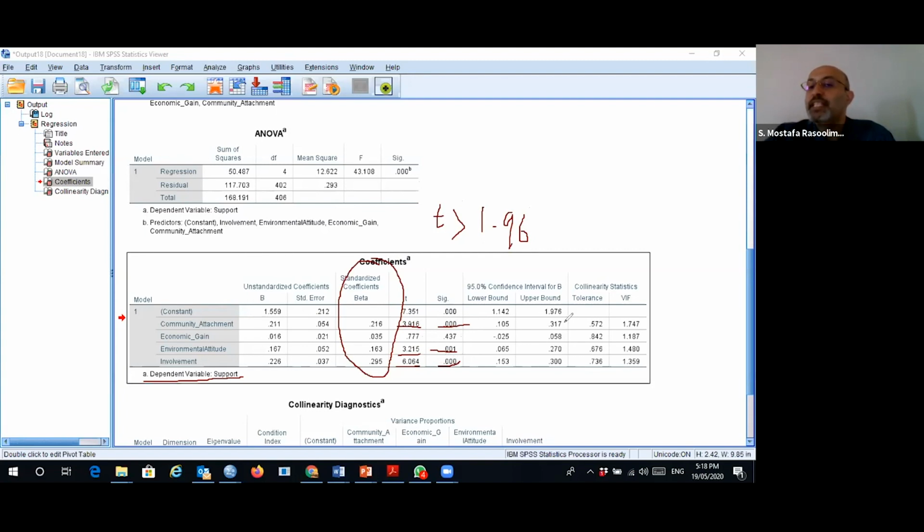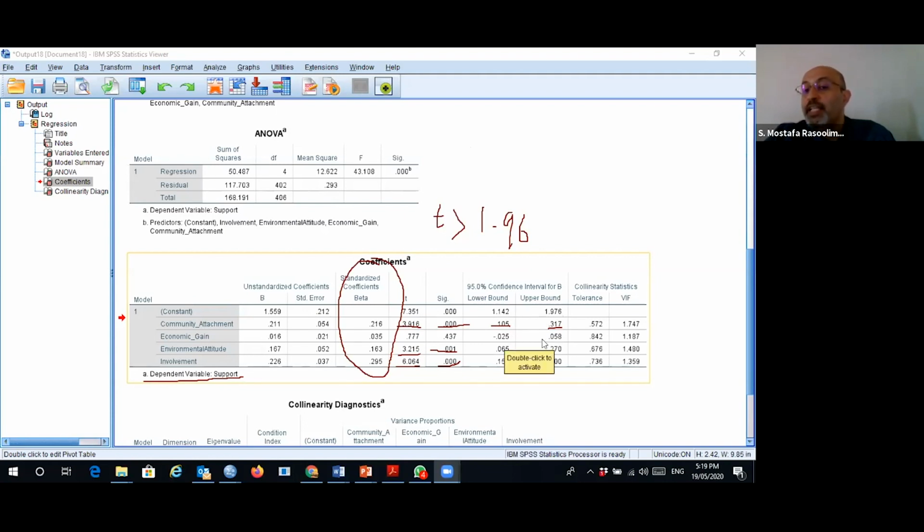And what about the confidence interval? Lower level, upper level. Lower level is 0.105, upper 0.317. For this one, lower level is minus 0.025 and upper level is 0.05.